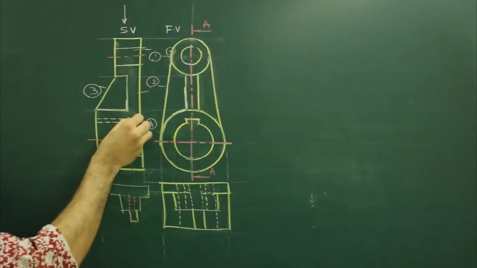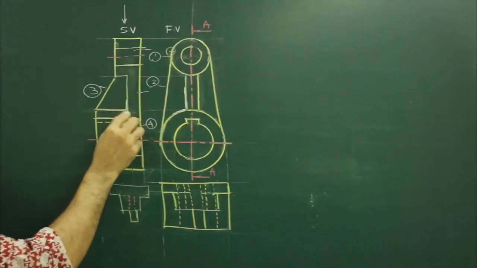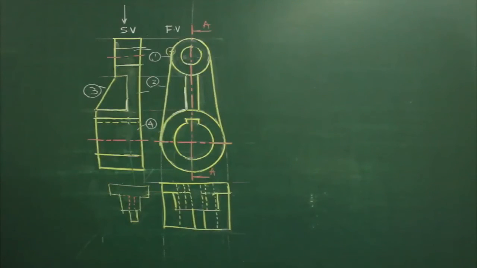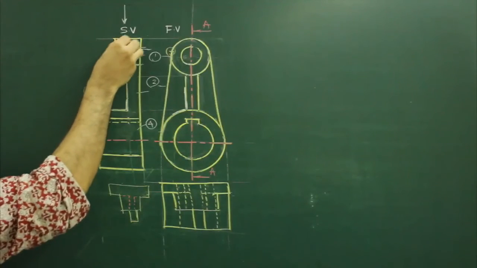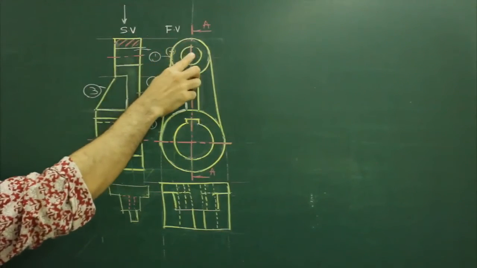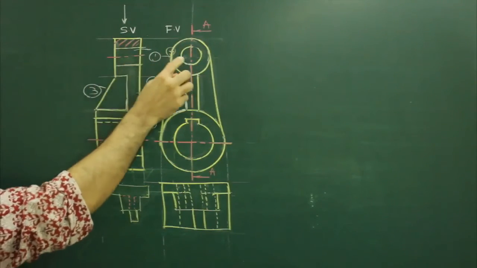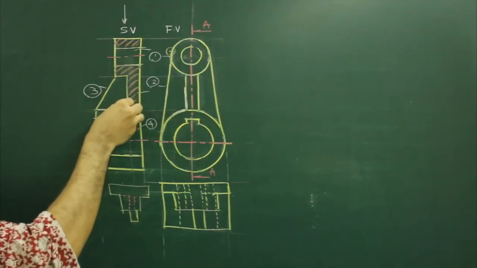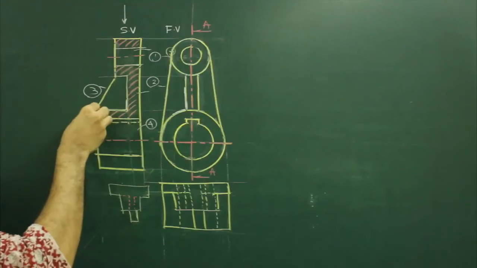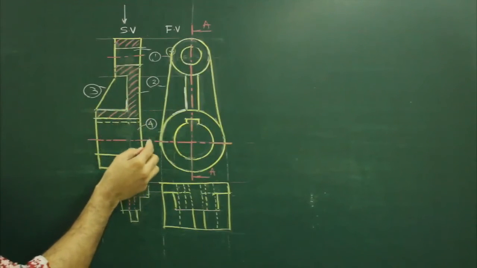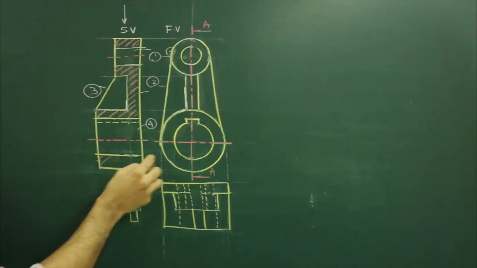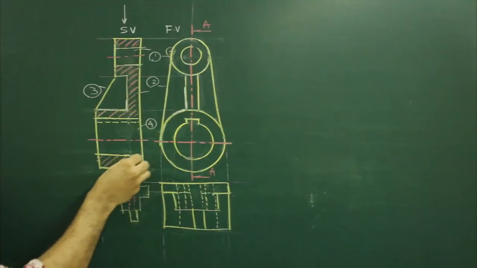This is getting cut, dark. This. Here there will be hatching because of this. There won't be any hatching. There won't be any hatching. This part will also be hatched.